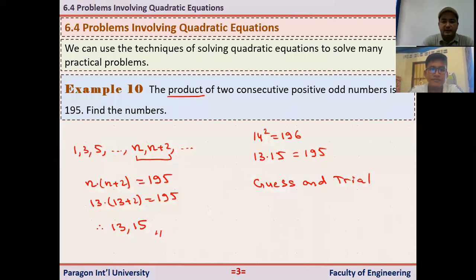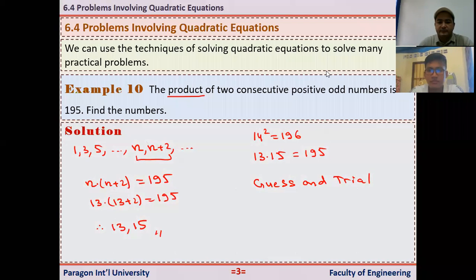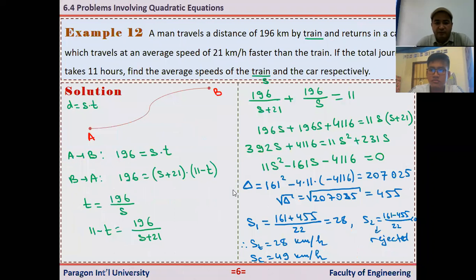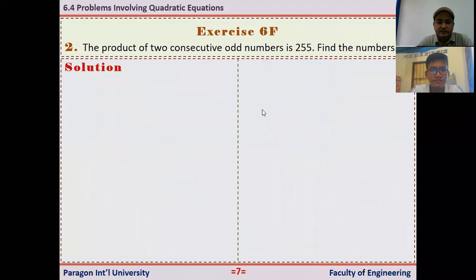This is example 10, and this is example 11. It's related to business, and it's from physics. We can watch this. I think not many people have watched this yet. I think admission is actually automatic.